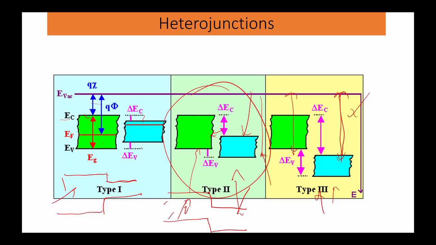I am just showing you. It will be a step kind of heterojunction. And this is another one which is completely offset, and this is the type 3 kind of heterojunction.